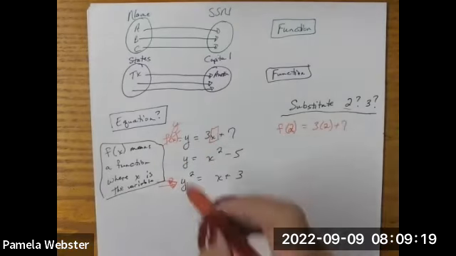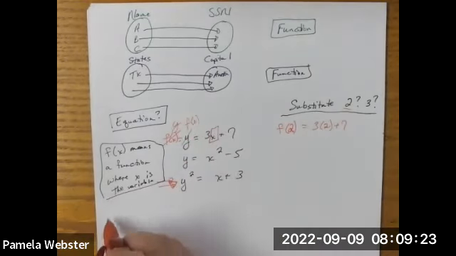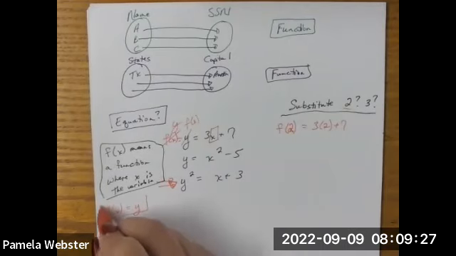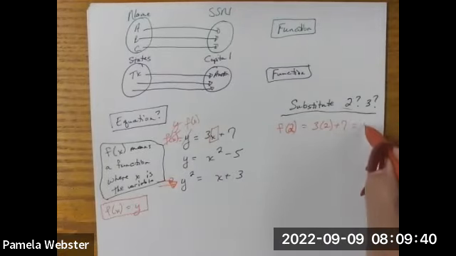Or if you don't like the y notation, you can mark that out and say that's f of x. So we interchangeably use function notation equal to y, as long as we know it's really a function. We're going to check that when we get down to the third one. So 3 times 2 is 6, 7 plus 7 is 13.